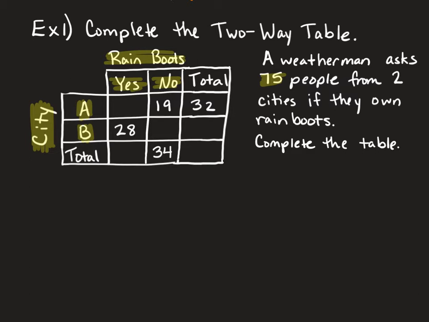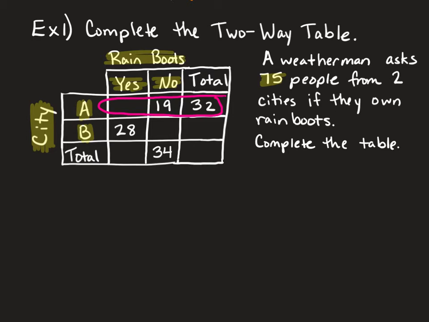We have been given totals for rows and columns. In some cases we're finding totals, and we can decipher what these are. So, looking at this first row, this is for city A. People either own rain boots, yes, or they don't, no, and then it gives a total. So we have blank plus 19 equal 32.